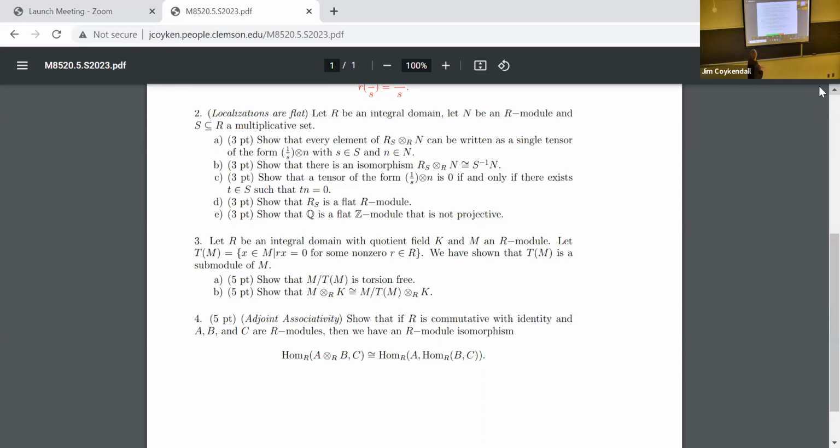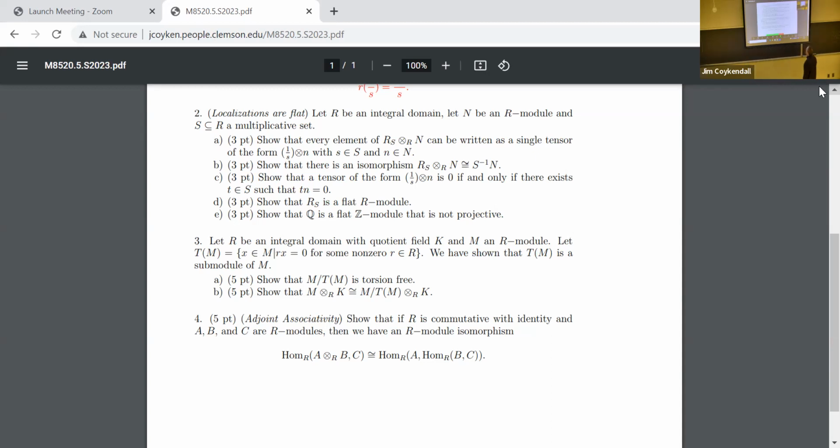It's very convenient. Show that there is an isomorphism between R localized at S tensored with N and S inverse N as defined above. This is a good practice, I think, of doing the induced homomorphism from R modules.